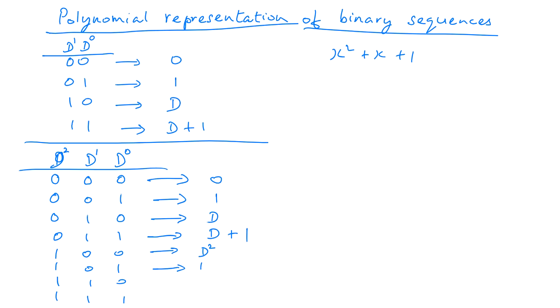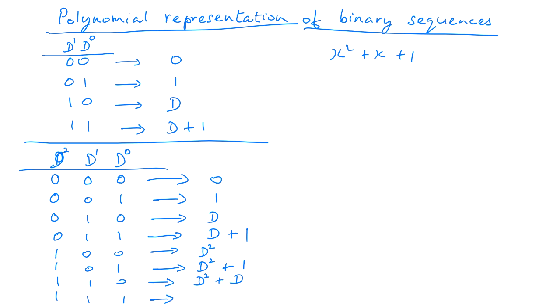This one will be d square plus d term is 0. D power 0 term is 1. So it's d square plus 1. This will be d power 2. So for the power 2 you have a 1, plus for the power 1 is also a 1, so it's d power 1, and the d power 0 term is 0, so it is not there.